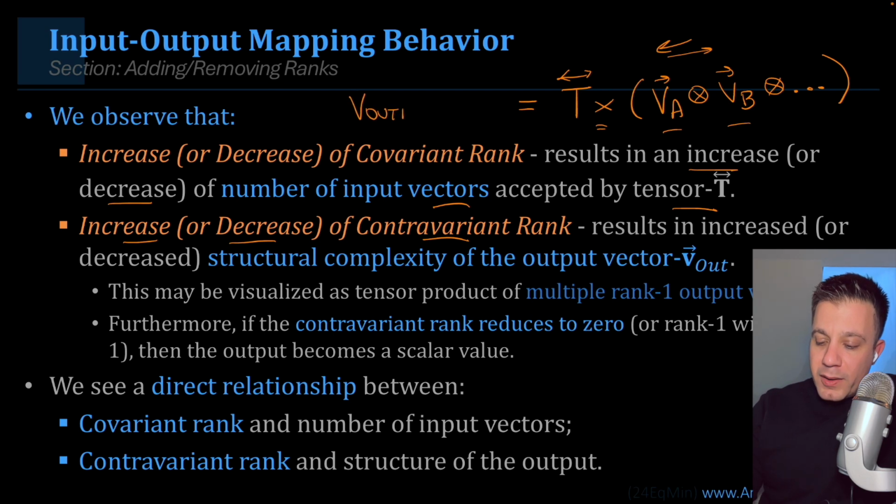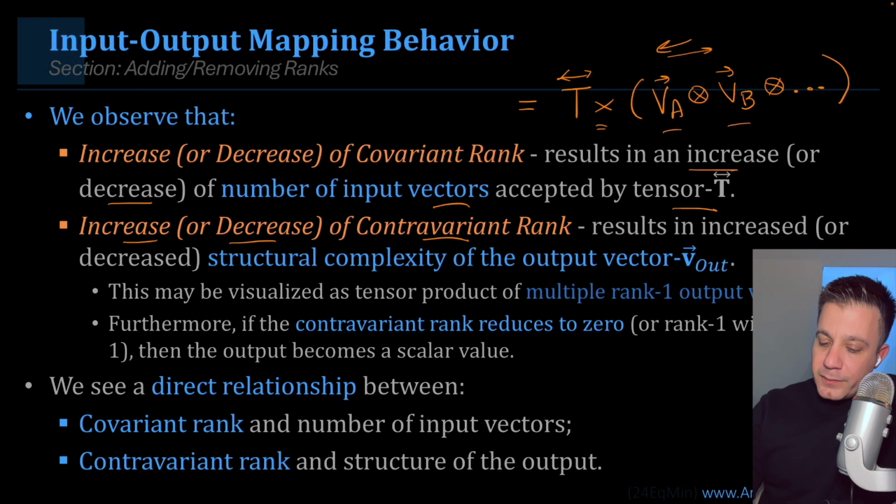We have V out 1. Let me clear space here. We have V out 1, tensor product, V out 2, tensor product, and so on. So if we increase the contravariant rank, that gets longer. If we decrease, that gets shorter.